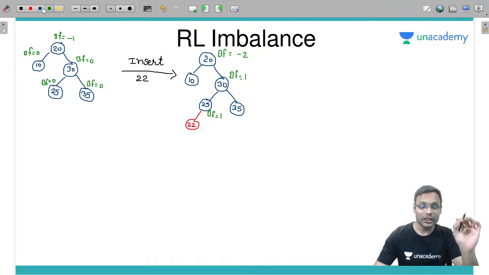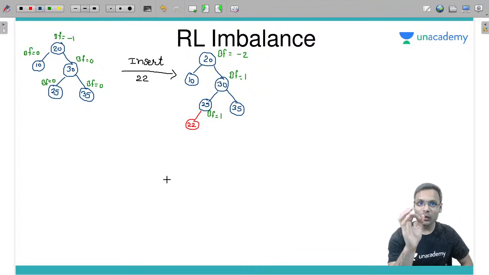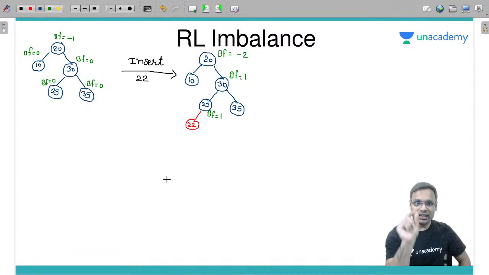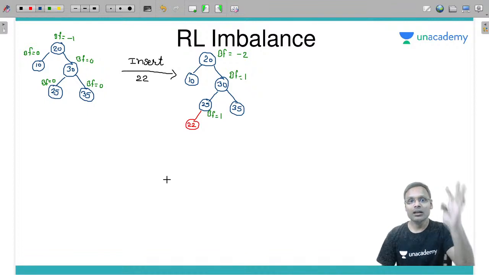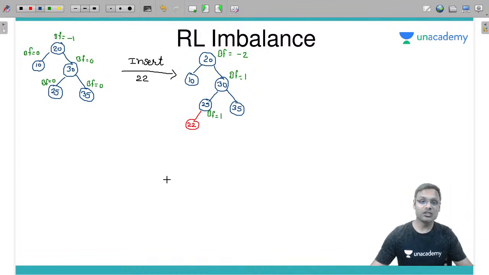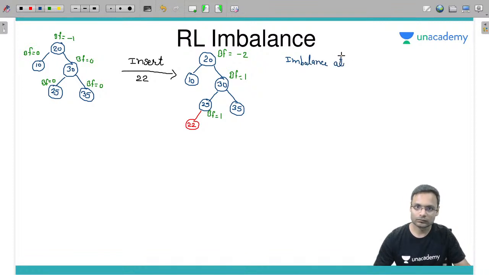For that you need to check, wherever you have detected the imbalance, from that imbalanced node to the newly inserted node, what is the direction? So I am writing the statement here: imbalance at 20. Because of insertion, in which direction have you inserted?